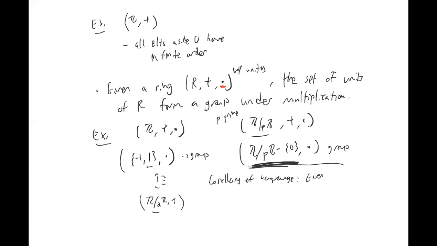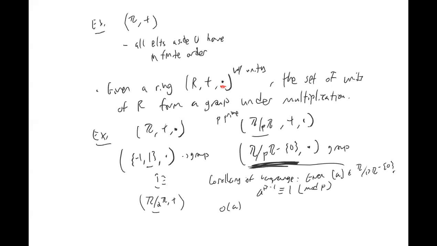So what you're going to see is, given a in Z mod PZ without 0, you can actually check that a to the P minus 1 is congruent to 1 mod P, right? So a to the P minus 1 is e. Why is this? Well, I know the order must divide P minus 1, right?